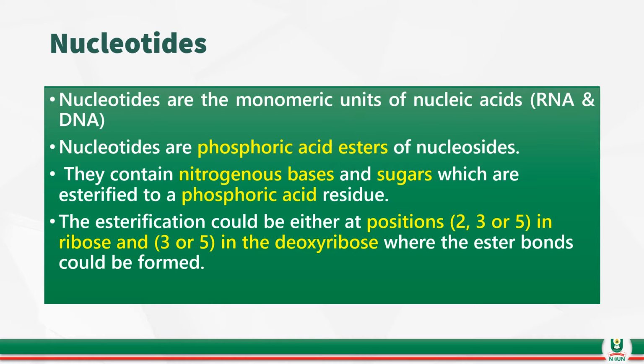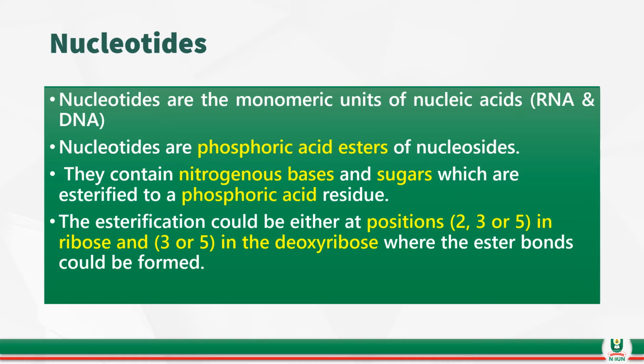Remember in our last class we talked about nucleosides. So nucleotides are just nucleosides that have phosphoric acid esters attached to them. When you have a nucleoside linked to a phosphoric acid, it becomes a nucleotide. So what are we trying to say?